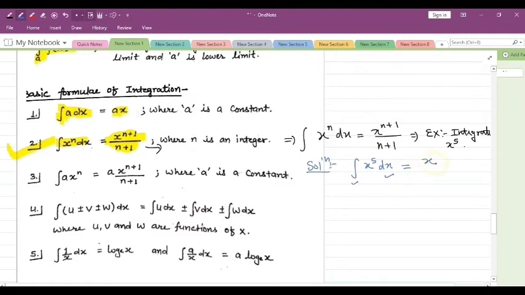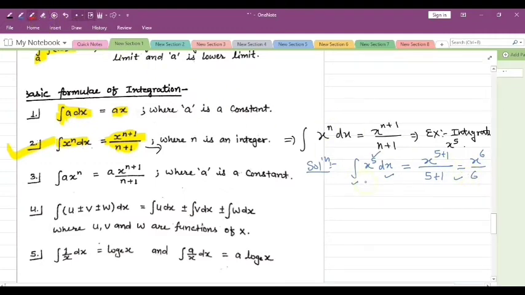We write it as x raised to the power 5 plus 1 upon 5 plus 1, meaning whatever power is given over here, you have to add 1 to that power, and write the same thing in the denominator. Then your answer will be x raised to the power 6 by 6.